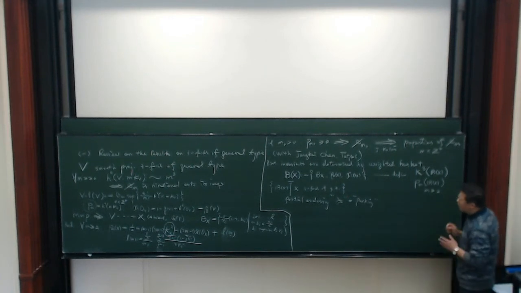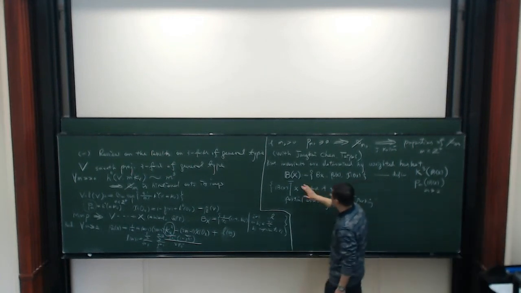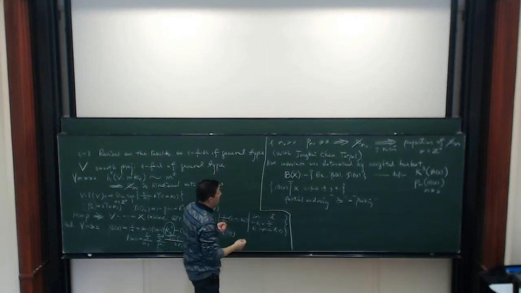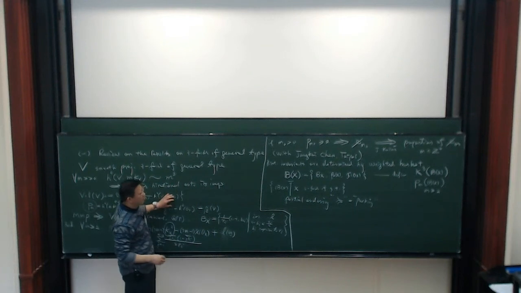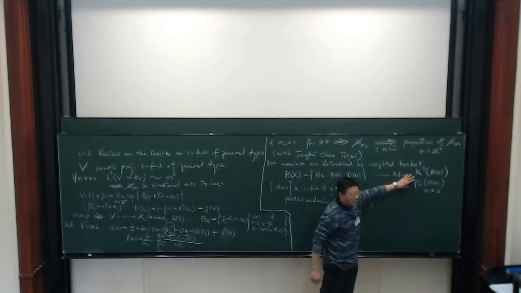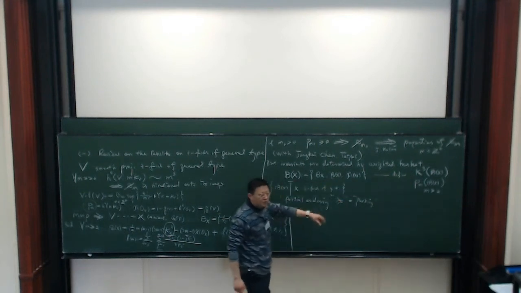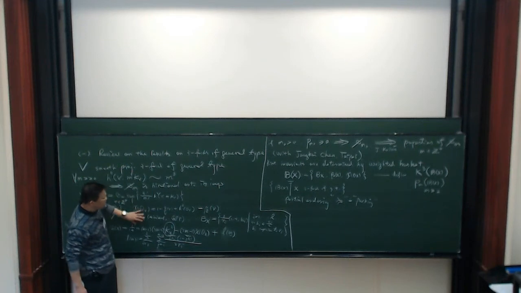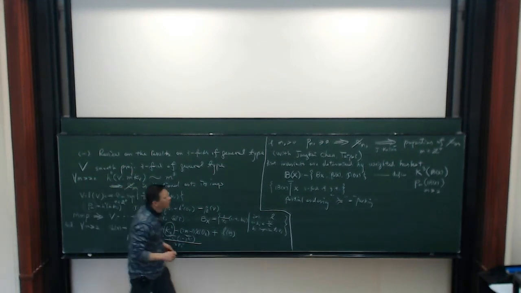But when this weighted basket really corresponds to some concrete minimal threefold of general type, then what we define here are exactly the canonical volume and the plurigenus of that threefold.